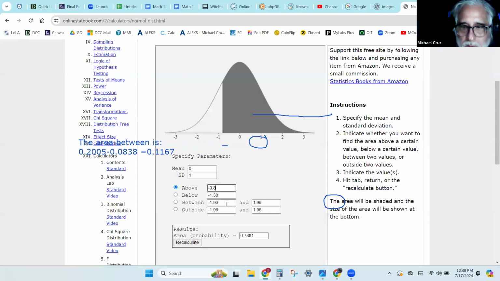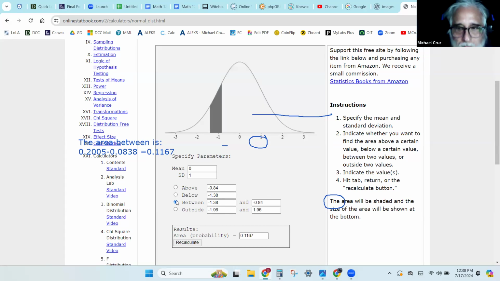So that's the between that we're looking for right there.